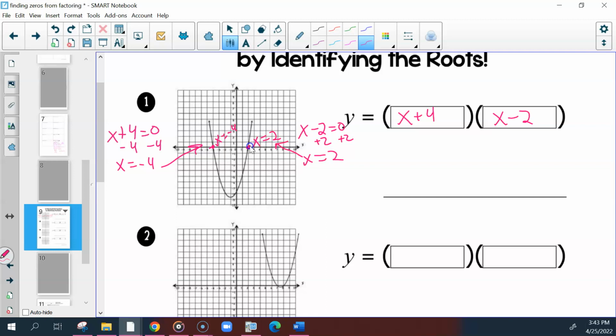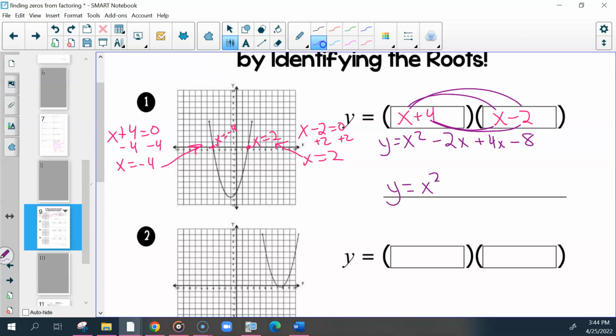Okay. Then from there, we would start multiplying. X times x, x times negative 2, 4 times x, and 4 times negative 2. And once we combine our like terms, we would have our final quadratic, x squared plus 2x minus 8.